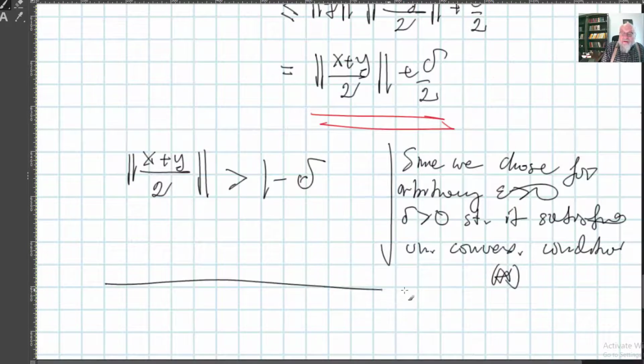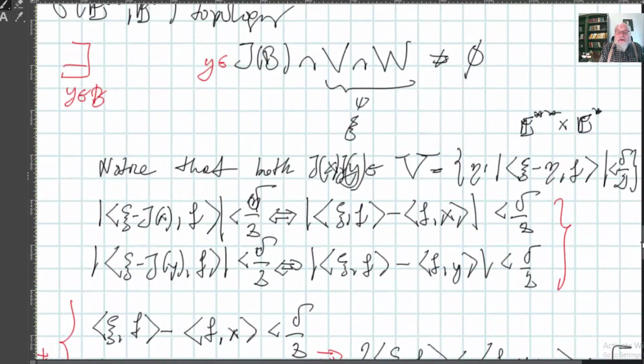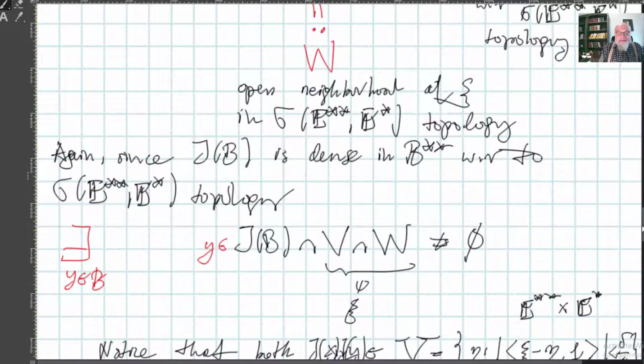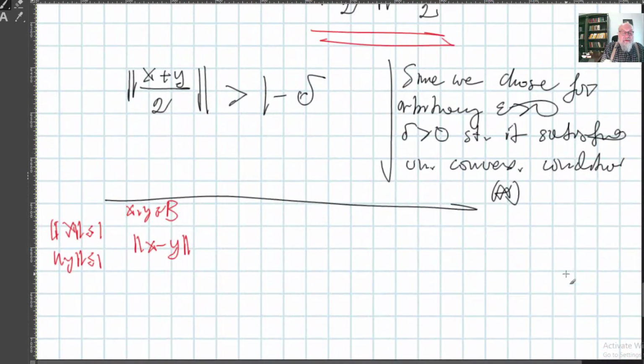If you have x smaller or equal than 1, y smaller or equal than 1, both of them belong to B, and we also have that the norm of x minus y, and we assume that y belongs to W, is larger than epsilon.